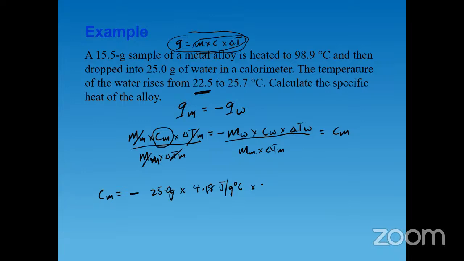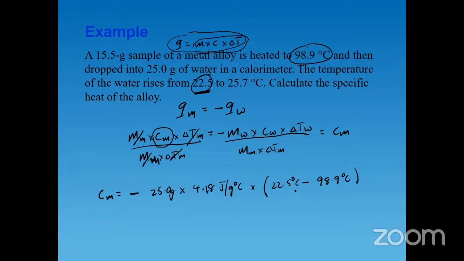Now, what's the change in temperature of the metal? It will be the final temperature minus the initial. The initial temperature is 98.9. The final temperature is 22.5. All right? So basically, you're going to put here 22.5 degrees Celsius minus 98.9 degrees Celsius.